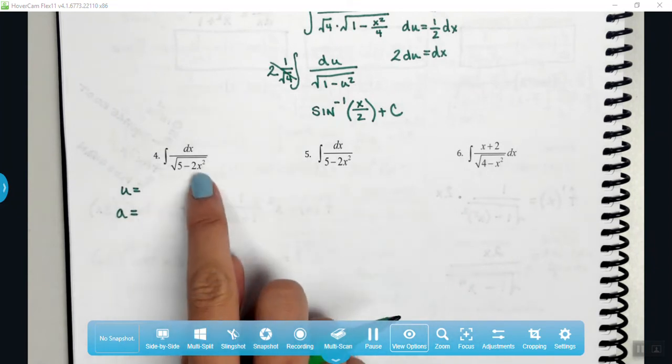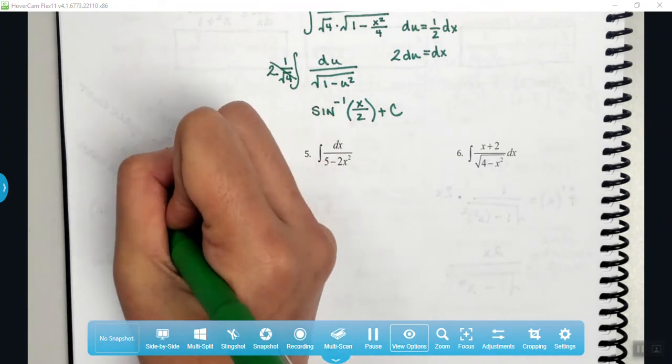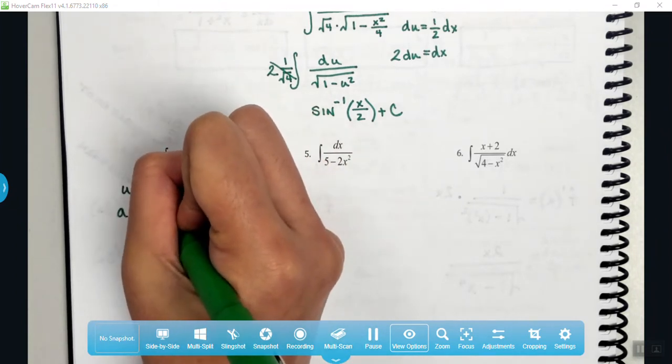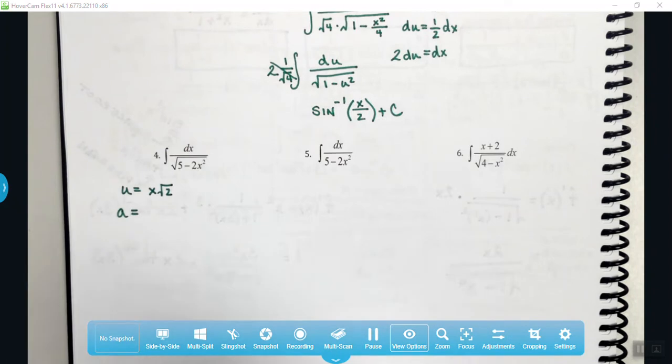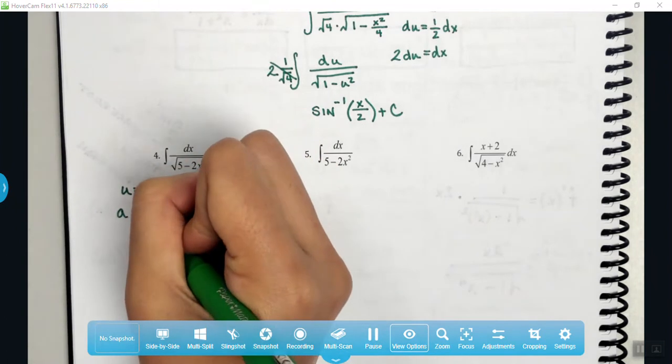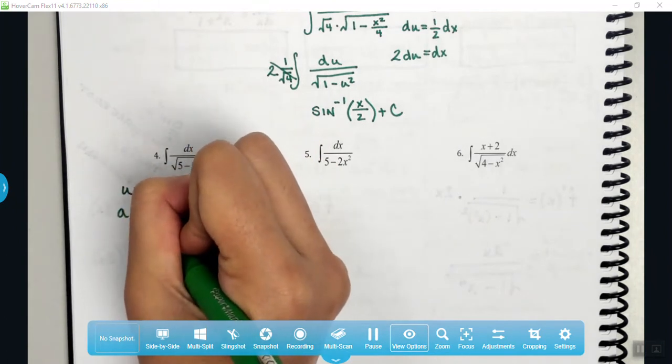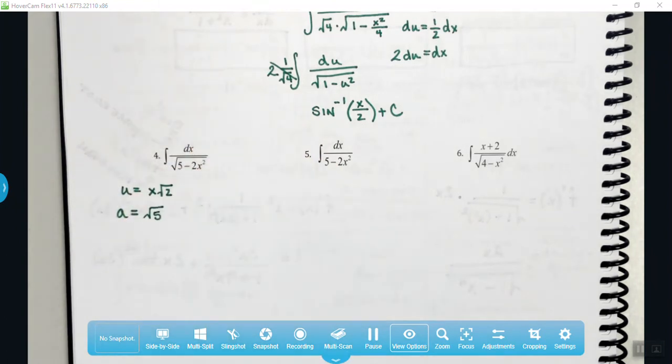U is the square root of 2x. Yeah, u is x root 2, right? Oh, right, yeah. Let's do it that way. And then a is the square root of 5. Everybody see that? Yes?